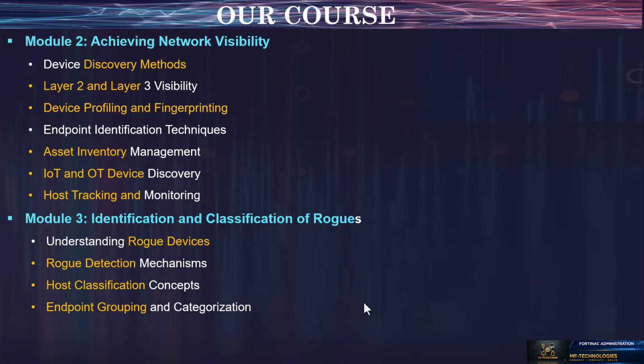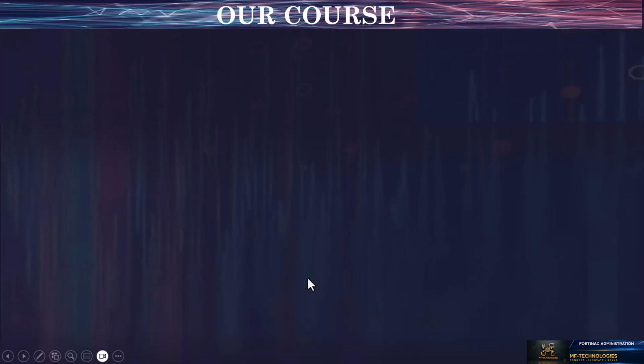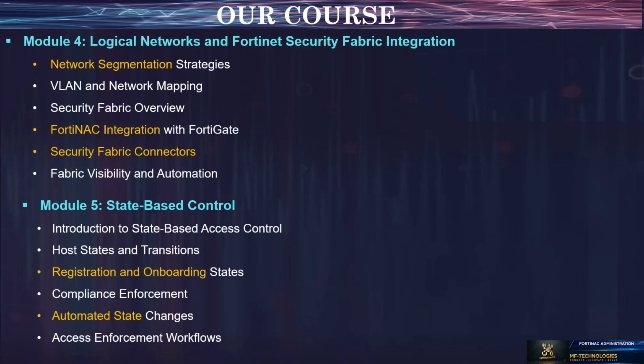After identifying devices, the next logical step is deciding how those devices should access the network. This brings us to the logical network and state-based control. In Module 4, we will explore how Fortinet organizes and secures the network using logical networks. Rather than managing security one switch at a time, Fortinet allows administrators to build logical network structures that simplify policy management across the entire organization.